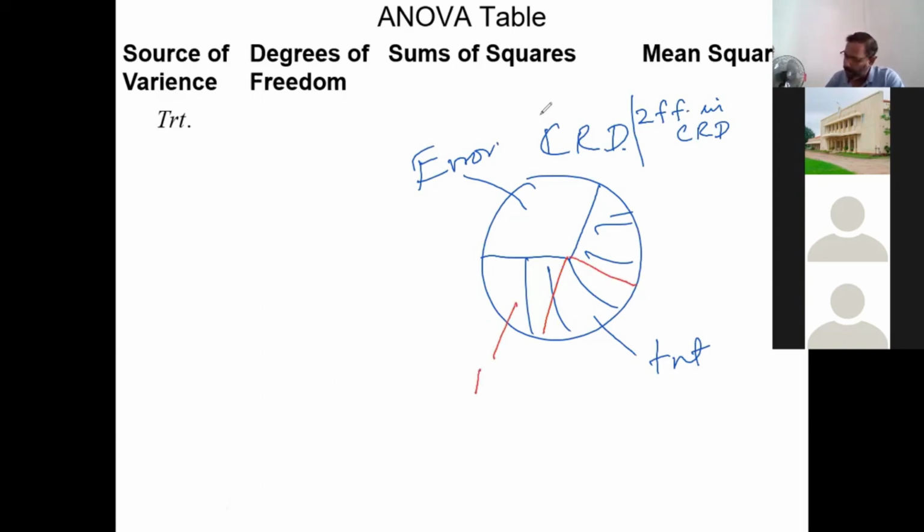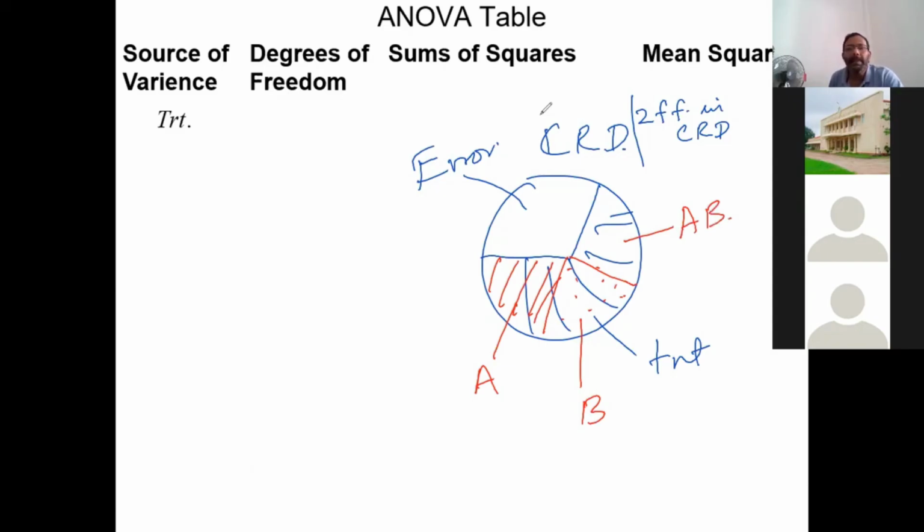One component we say it is due to factor A. The other component, I will just mark it in red color, we call it due to B. The third component is due to AB. This actually happened by principle.